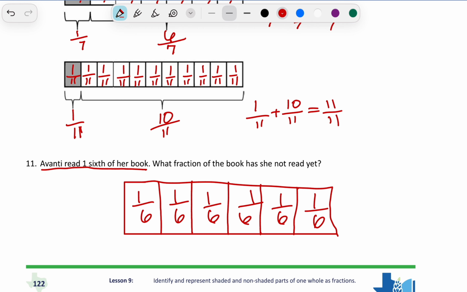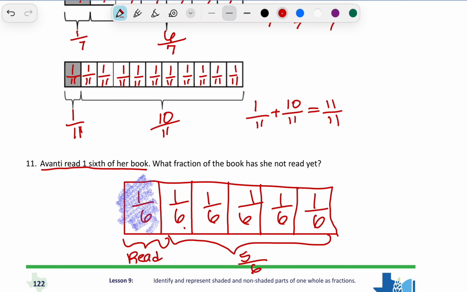I'm going to identify here that she read only 1 out of the 6, so I'm going to color that in. This is how much she read. But how much did she not read? She did not read 5 out of the 6 parts of her book. 1, 2, 3, 4, 5. So this is how much she did not read.